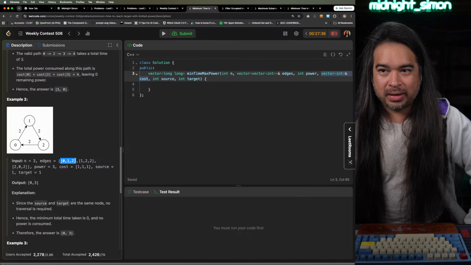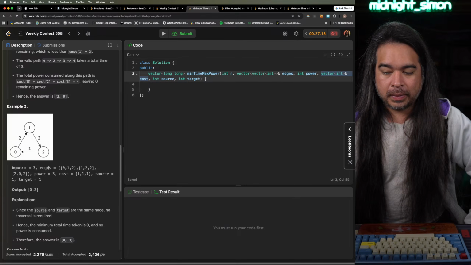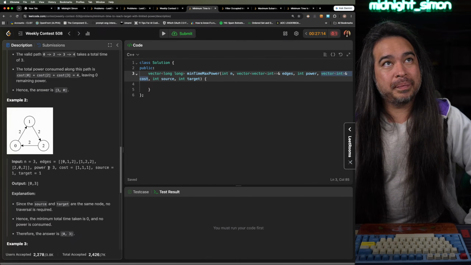Alright, I can get the Dijkstra's for sure, right? The shortest time to get to that node. And once we have that, maybe... Once I have that time, then maybe I can do some type of DFS.